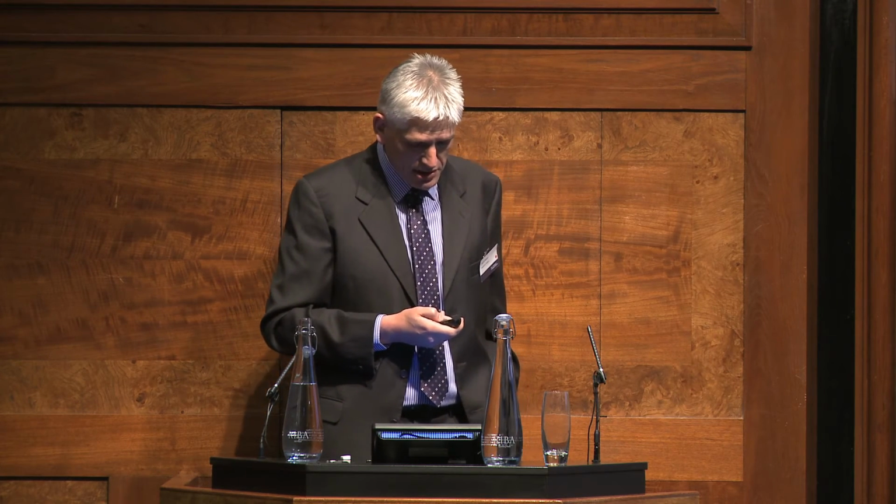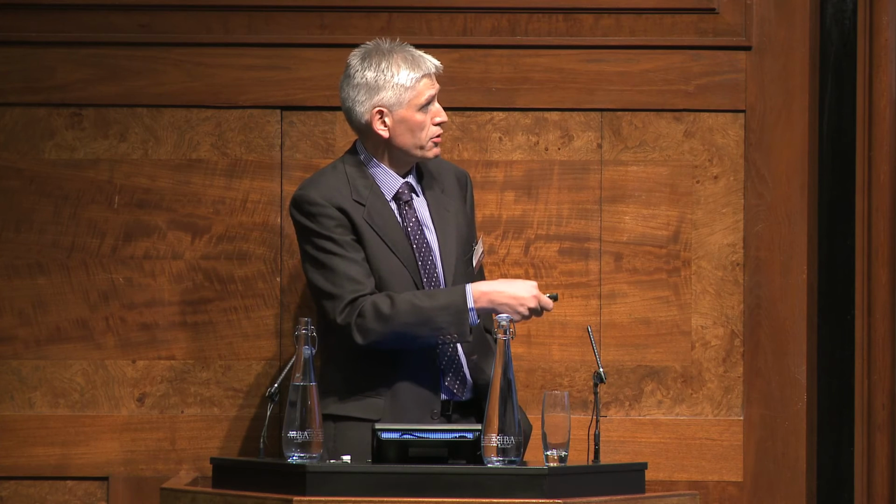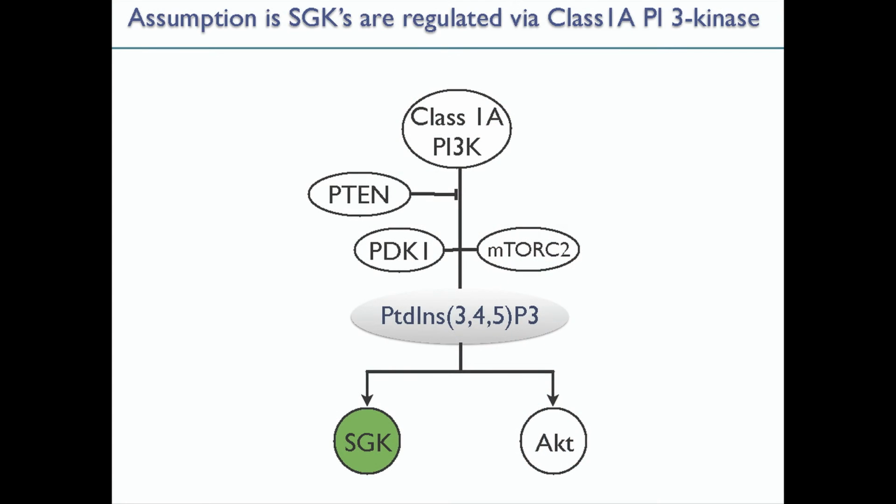So the assumption has always been that this isn't necessarily a problem because SGKs are regulated in the same way as AKTs, by the PI3-kinase pathway. But we started to wonder whether this assumption was actually correct, and we're particularly looking at SGK3, rather than the other two SGK isoforms.